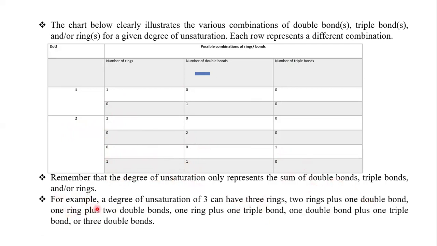For example, a degree of unsaturation of 3 can have 3 rings, 2 rings plus 1 double bond, 1 ring plus 2 double bonds, 1 ring plus 1 triple bond, or 1 double bond plus 1 triple bond, or 3 double bonds.